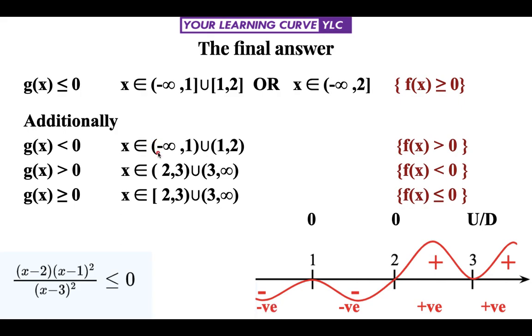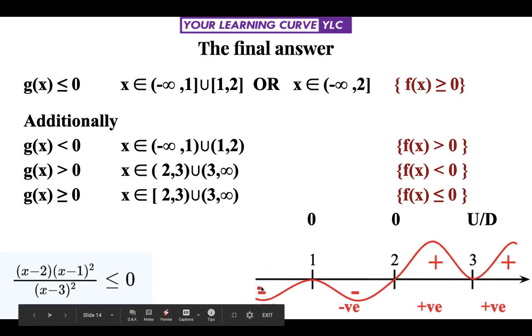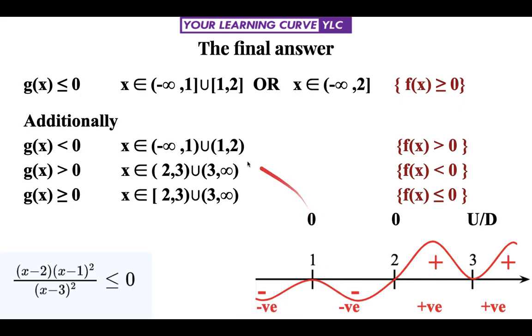Then we come to the next endpoint, the upper limit 1, and we see that the value of the function is becoming 0 at this point. So since we need strictly less than 0, we cannot include 1 because it is making the value of the function 0. So 1 is to be excluded, put an open bracket over here.